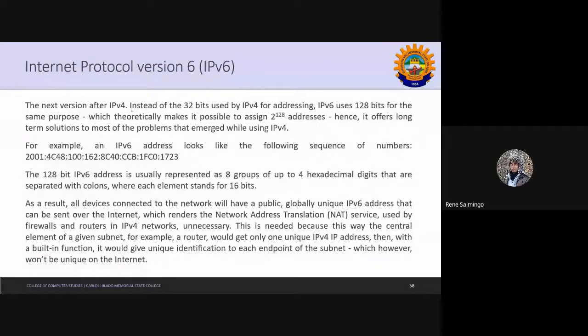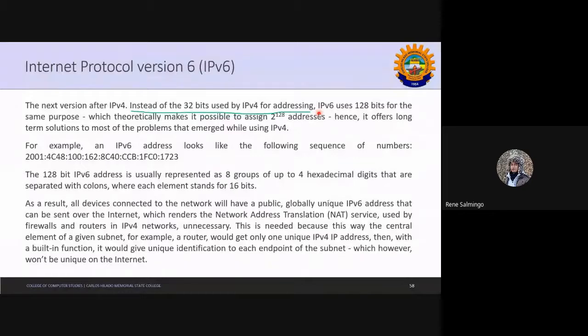So instead of the 32 bits used by IP version 4 for addressing, nowadays we have IP version 6, since we have only a limited amount of IP addresses to handle in the companies and other private institutions. That's why they implemented private IP addresses.